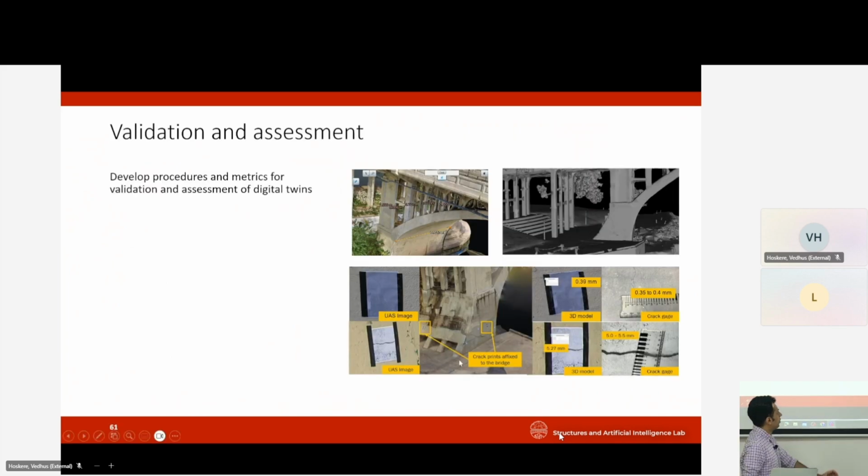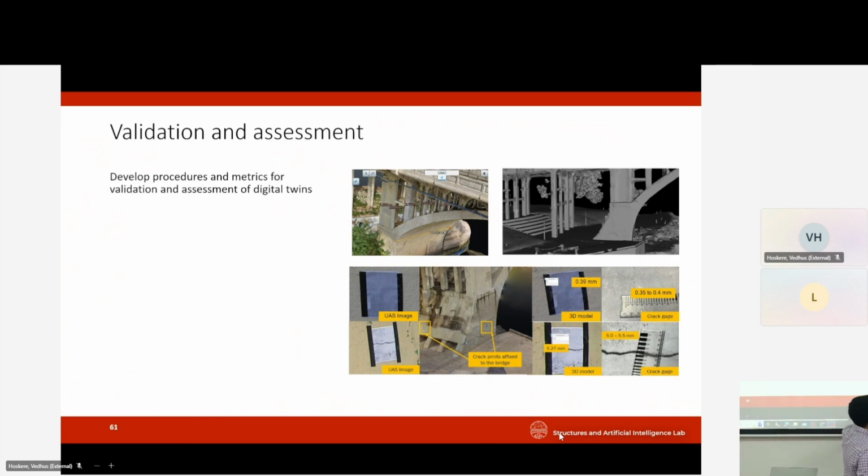Here, we put some cracks of known dimensions, just stuck them on the bridge, so that we can verify the size of those cracks after we do the scan. So we know that if this crack measurement from our scan is good, then probably all the other cracks, or at least some of the other cracks, are going to be good as well.